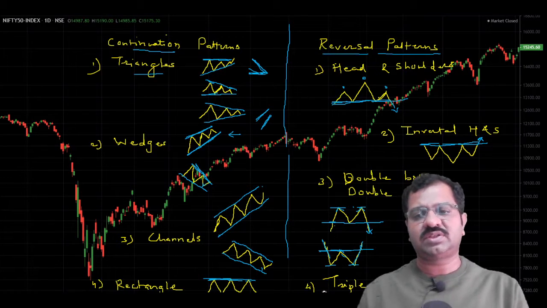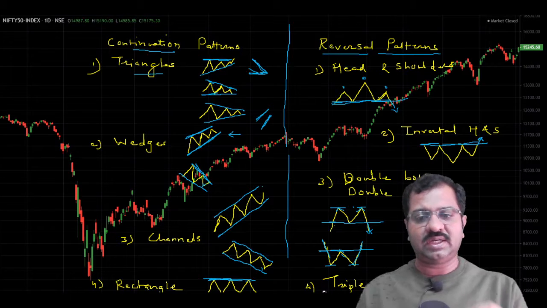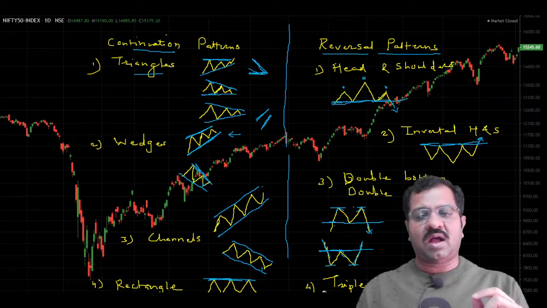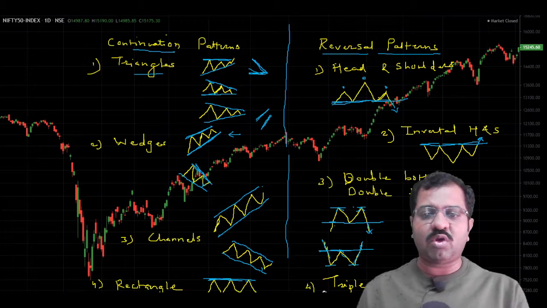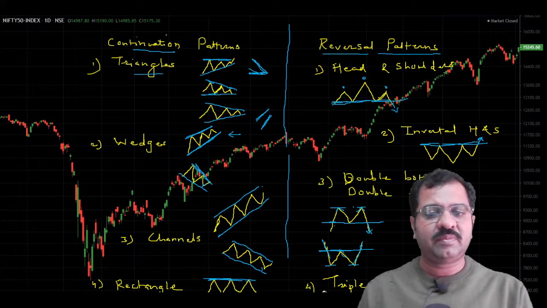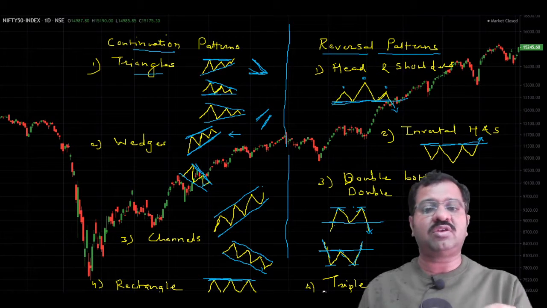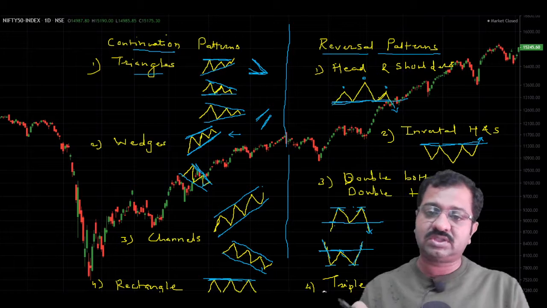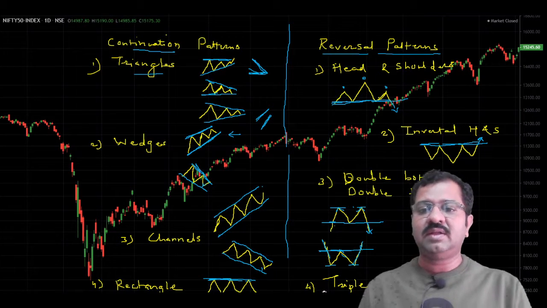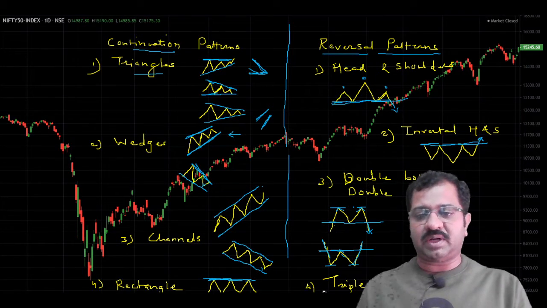So these are reversal patterns, and for each of these patterns we are going to see in detail how to trade it, how not to trade it, what is the logic behind the formation of each pattern, what is the context, and what all things you have to see outside these patterns. You cannot just see the patterns and trade. You have to see something outside this pattern, and in that context you have to trade this pattern.